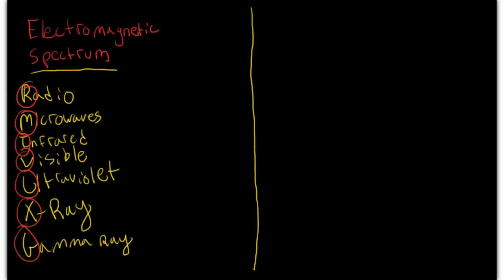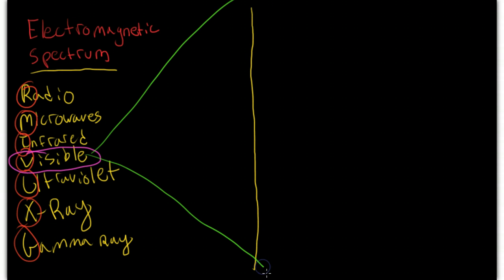Now, in chapter 28, which is all about color, we're going to be talking about the visible spectrum right here. The visible spectrum actually encompasses a lot of things, and that's what we're going to be talking about in this section.